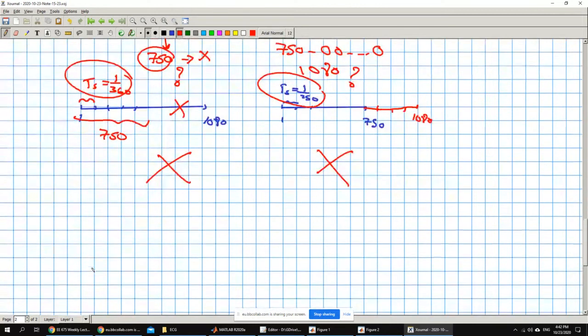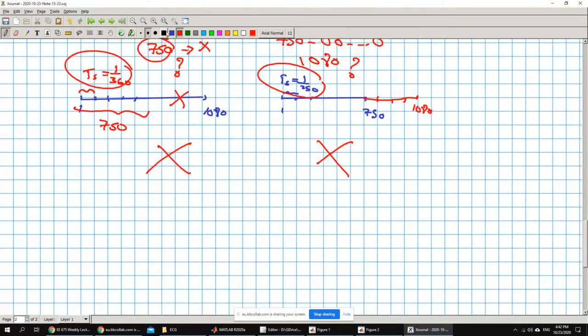Let me write down the solutions for you and you give me your opinion on which one. Solutions to make TS the same.